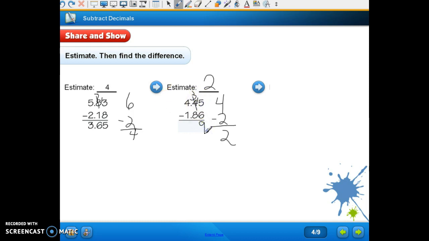Now in our tenths place we have 3 and they want us to take away 8. Can we do that? No. So go over to your ones, regroup, take 1 away, and that gives us a 3 in our ones. That gives us 10 tenths to add to our 3 in our tenths place. And 13 minus 8 is 5.